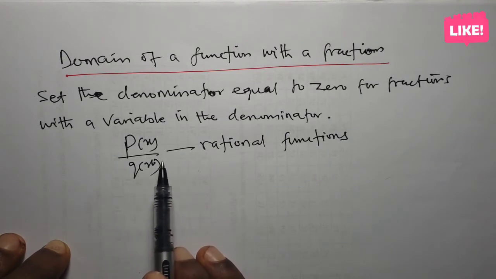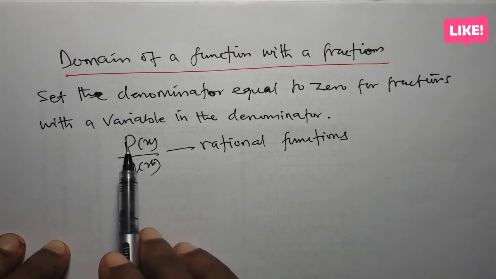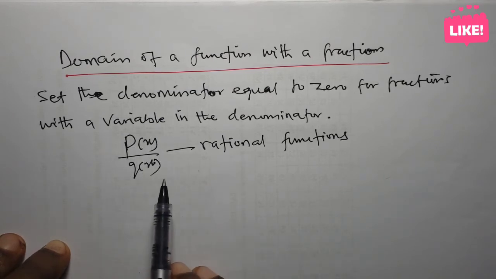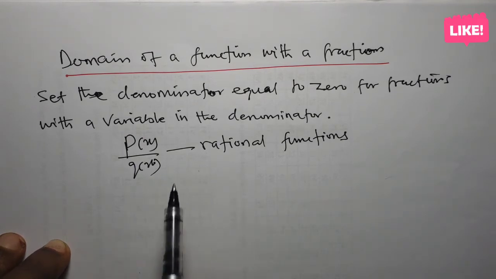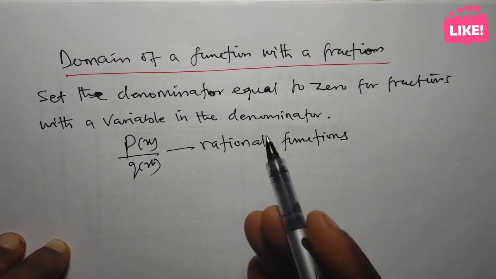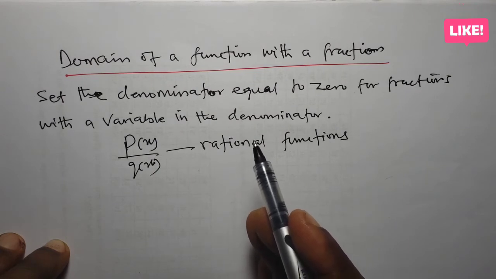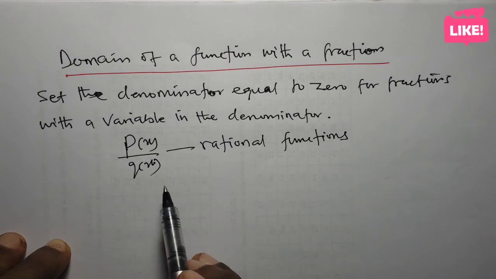If the function you have at hand is a fraction of this form, p of x over q of x, there is at least one point that is not in the domain of this function. There could be more points, depending on how the function is constructed.